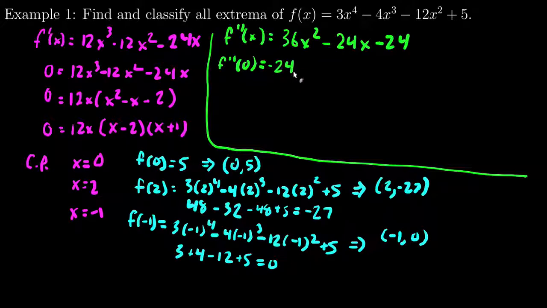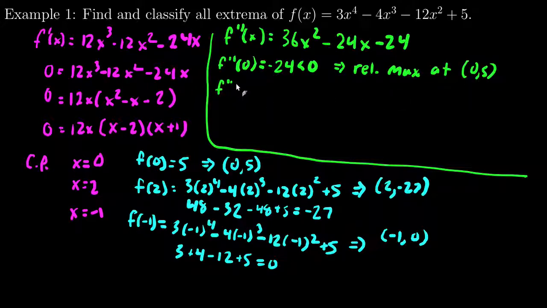The important thing here is it's negative. And so we have a critical point with a negative second derivative, which means it's concave down, which means we will have a relative max at the point 0, 5.